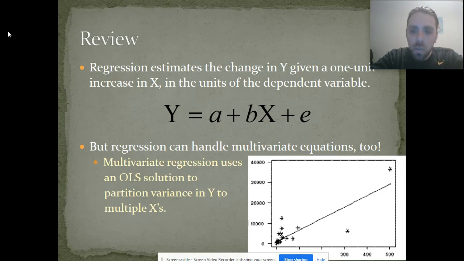So a multivariate regression uses the same type of OLS solution, but it's going to partition the variance, right? What I thought of as partial correlation of the variance in y to multiple x's. Put another way, multiple independent variables are going to be used to predict the value of the dependent variable, okay?